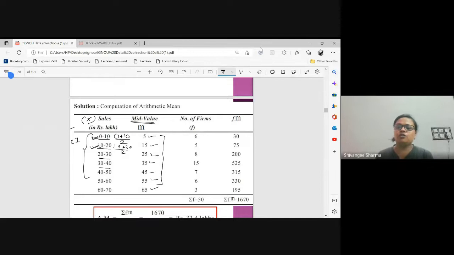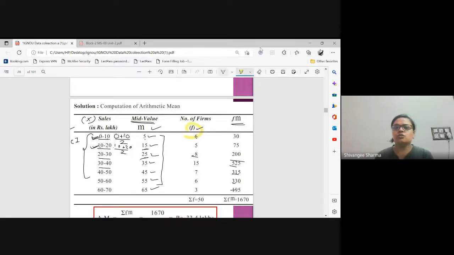Now what you have to do, you multiply this mid value with f, okay, which is fm. So 6 multiplied by 5, then 5 multiplied by 15, and 8 multiplied by 25. So these values you will be getting by multiplying all these. Now you have to find the sum of this fm, and you have to find the sum of f.